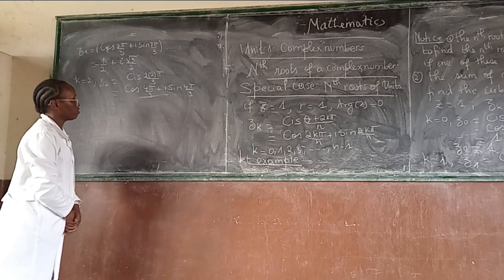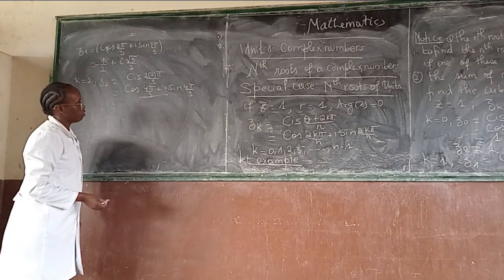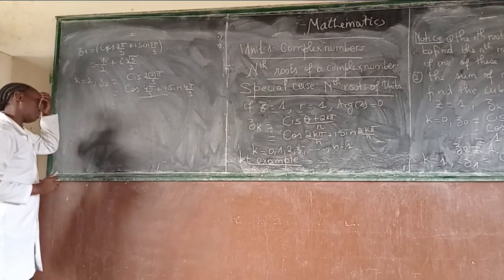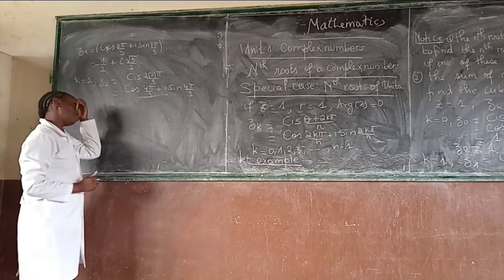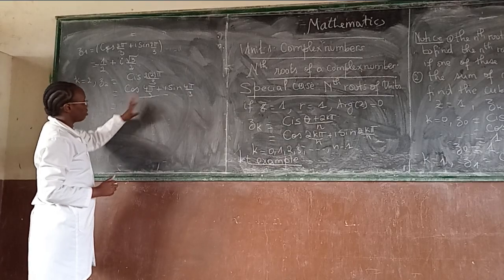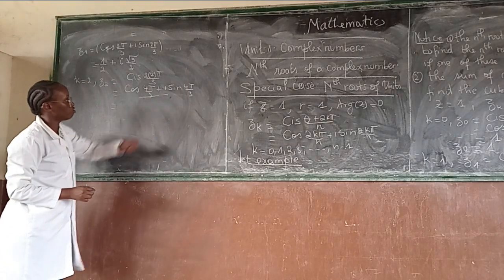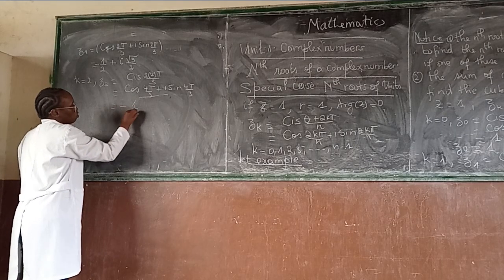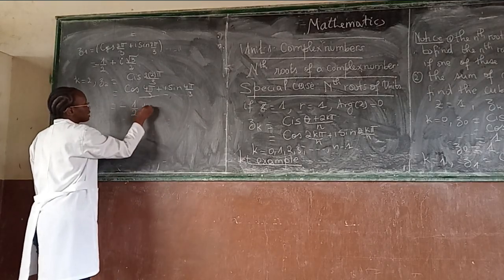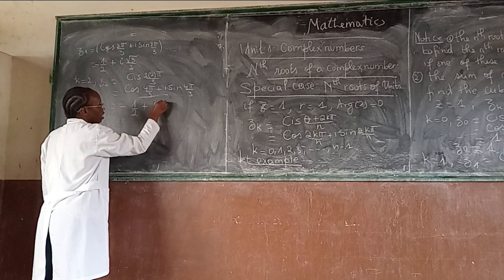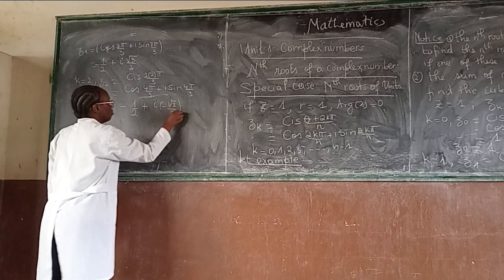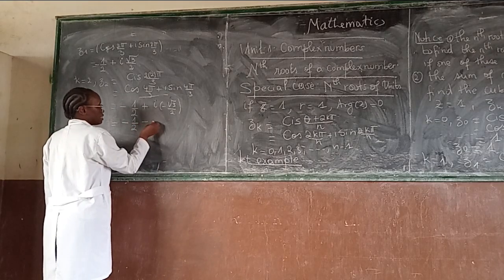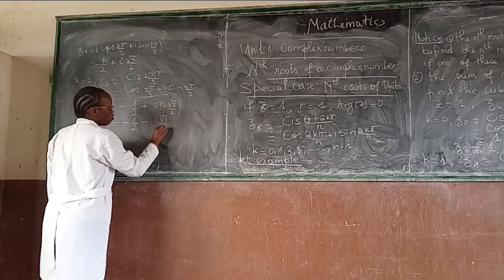If we check where this angle lies, it is in the third quadrant. In the third quadrant, cosine has a negative sign, and sine also has a negative sign. So we have negative 1 over 2 minus i square root of 3 over 2.